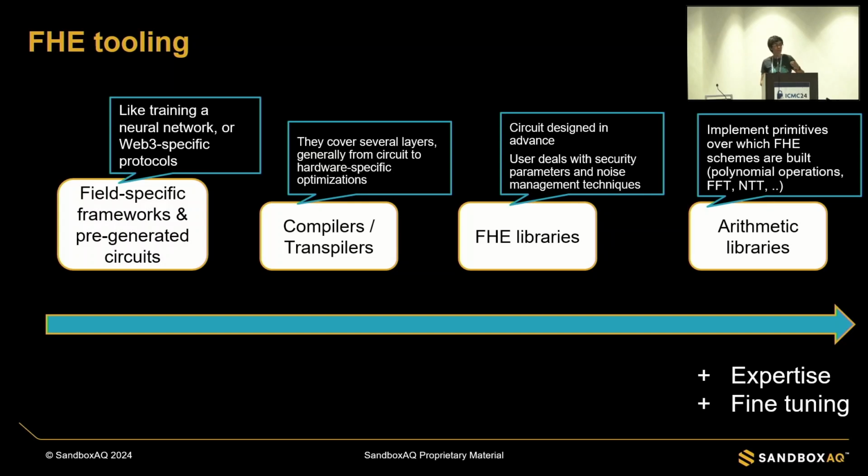Then we have the compilers or transpilers that usually take as an entry level a circuit and, depending on the compiler, they may cover different phases. But usually they will provide already the code optimized for a given hardware, if we can. Then we have the FHE libraries that usually are specific for each scheme.